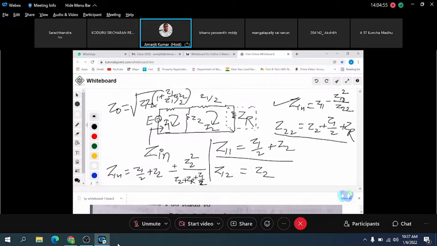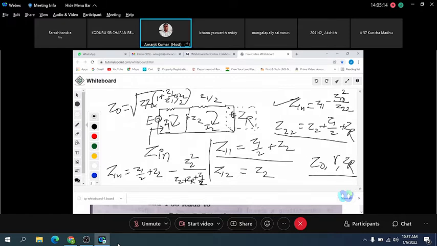Okay. So now for this, what is the input impedance in terms of ZR? But we want to calculate the input impedance in terms of ZR, Z0 and gamma. How will that be possible?